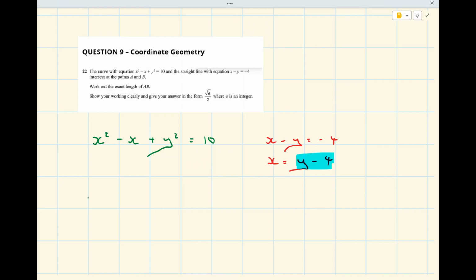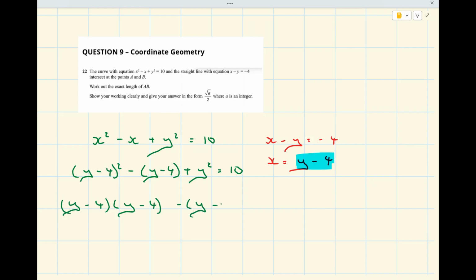So we're going to have x squared, i.e. y minus 4 squared, minus x, careful with your bracket, plus y squared equals 10. Having substituted y minus 4 in place of x, I've got an equation which has just got y's, so I can solve this for y. I'm going to write that out carefully because I definitely don't want to make a mistake.